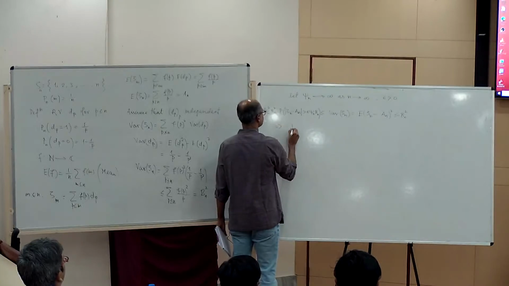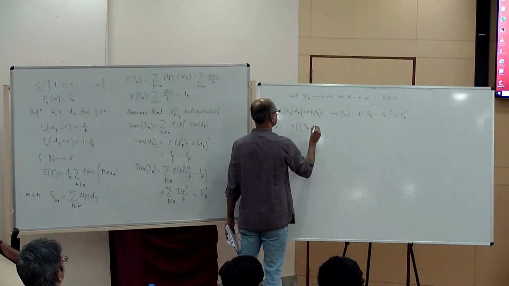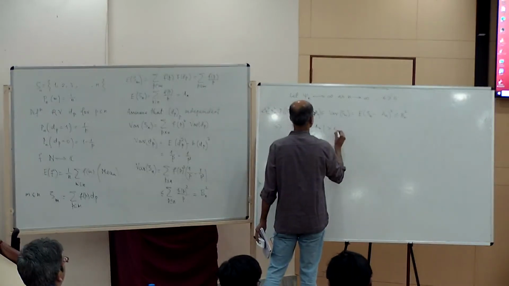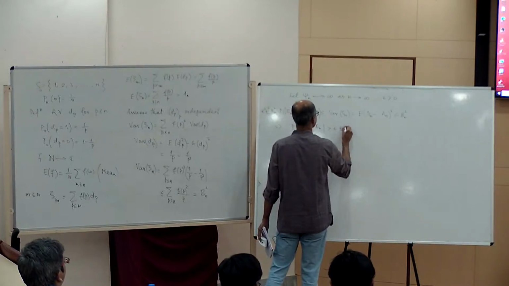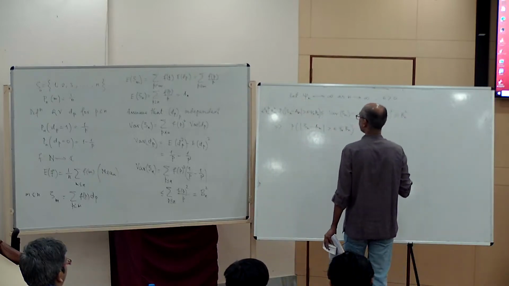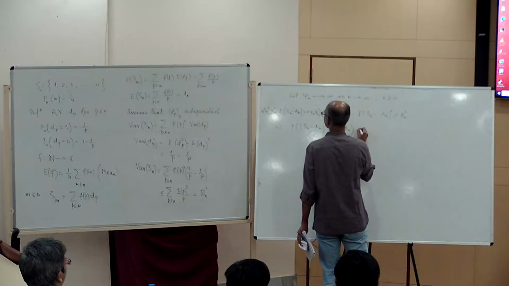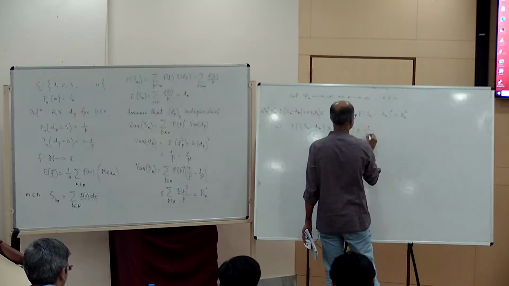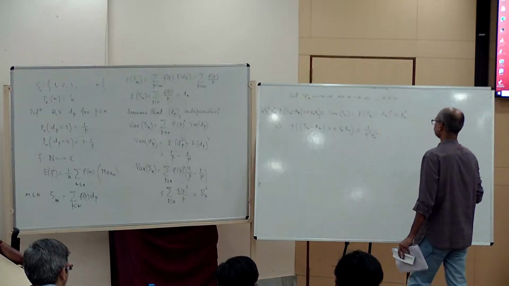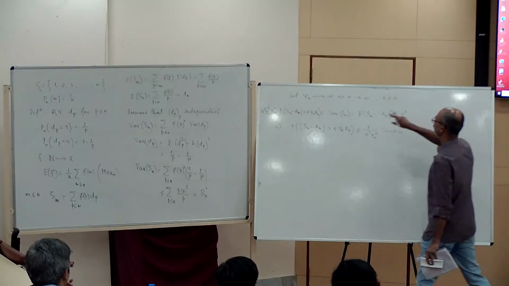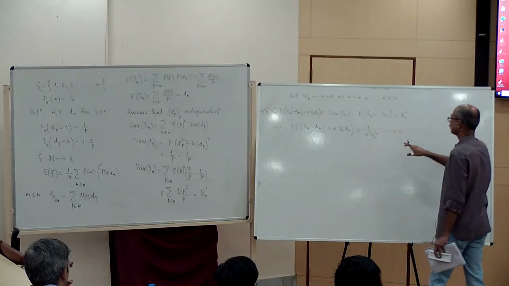So what is the probability? The probability of zeta n minus a n greater than epsilon psi n b n is less than or equal to, so b n square cancels, 1 over epsilon square psi n square. This goes to 0, because for a fixed epsilon, as n goes to infinity, psi n goes to infinity.